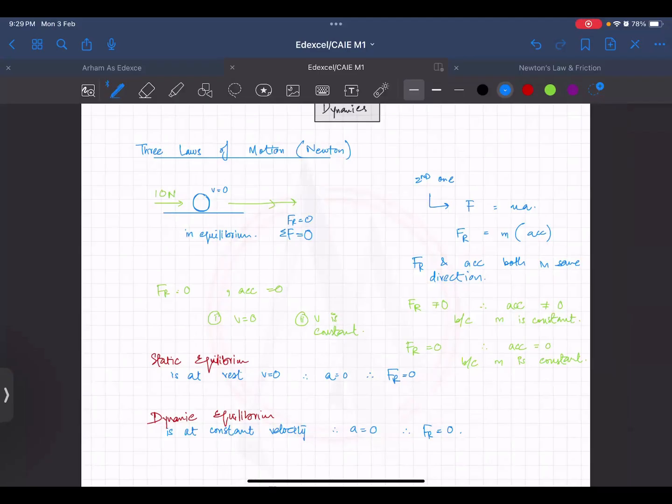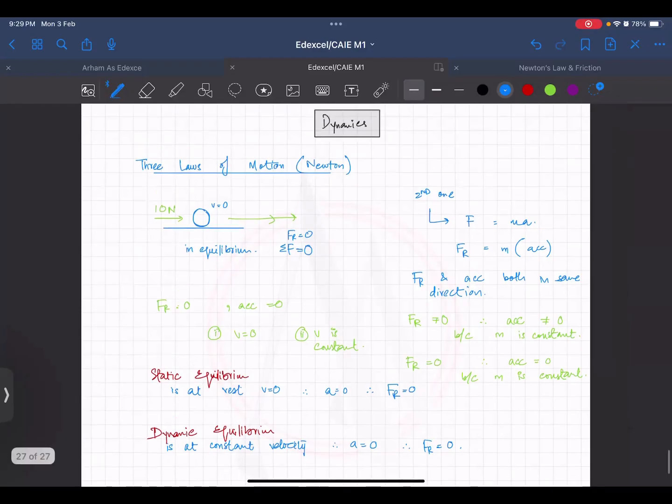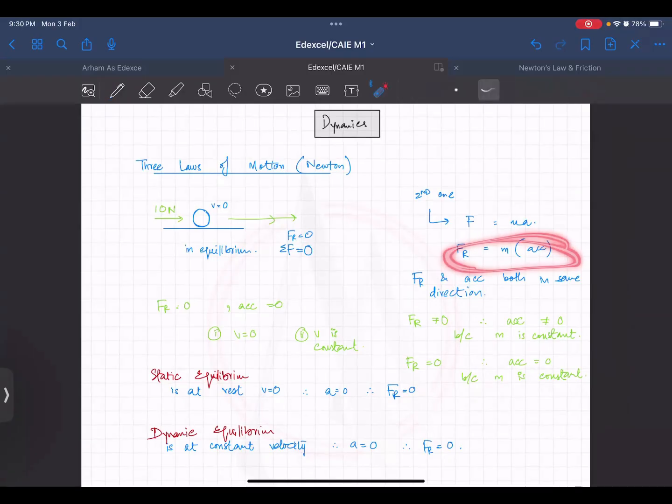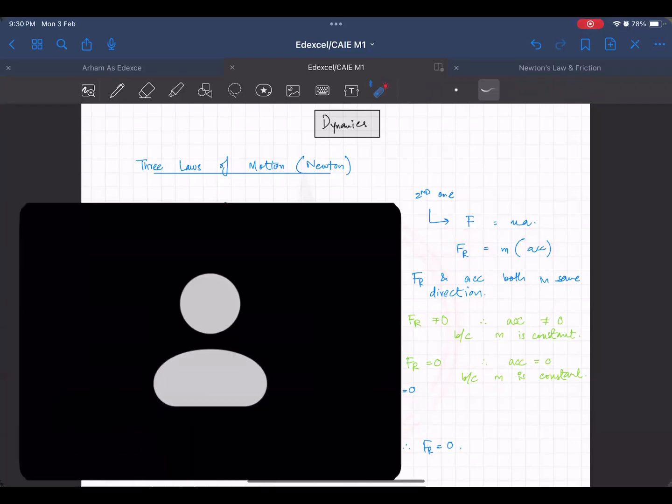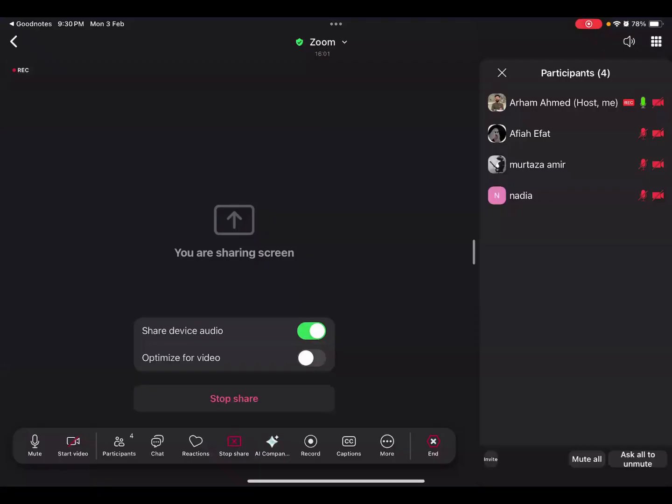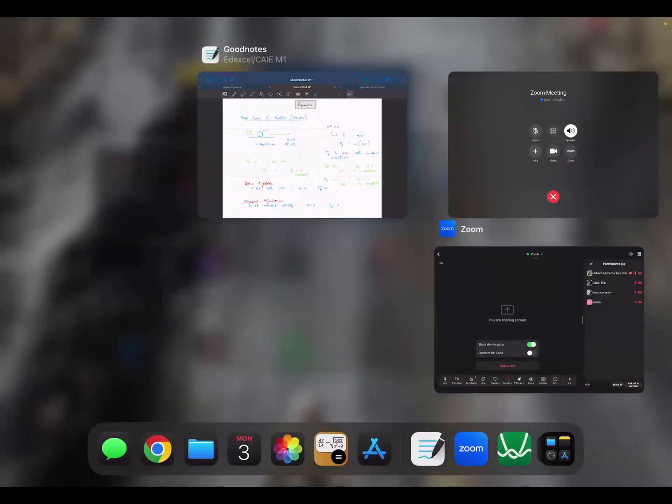This means that for that car the sum of the forces is zero, because constant speed means acceleration is zero, and if acceleration is zero, then due to this formula, resultant force will be zero. So the sum of the forces on that car would be zero. This is something very, very important to understand.